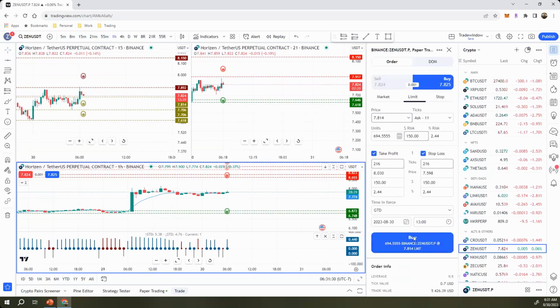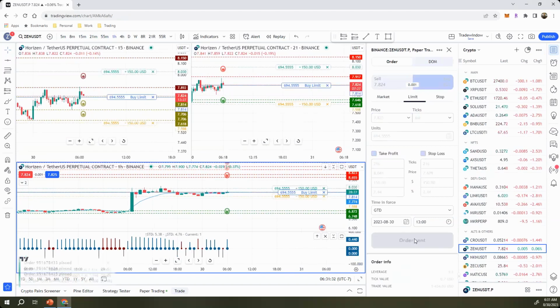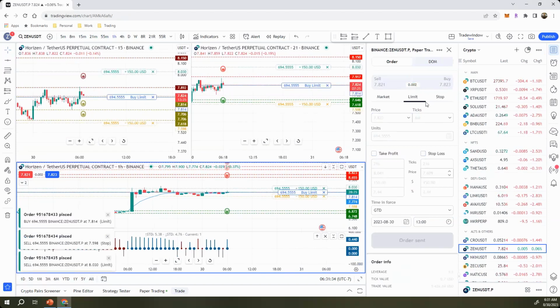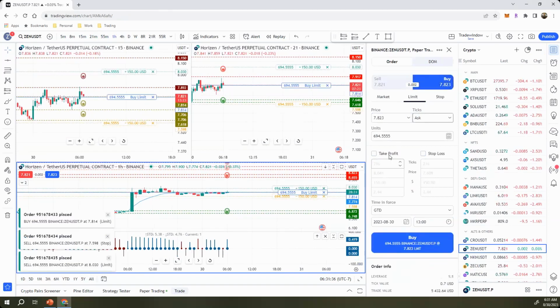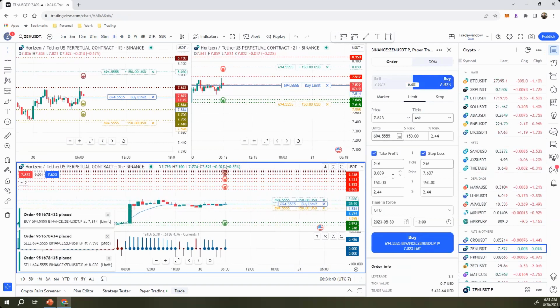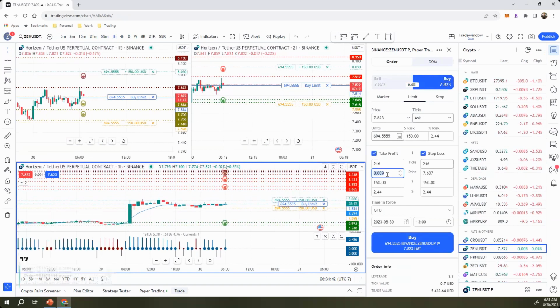So that's our T1. And now for our T2, our take profit is different. It is at 8.655, which matches with this opposing UFO down here. And that's all we do. We just hit buy again.